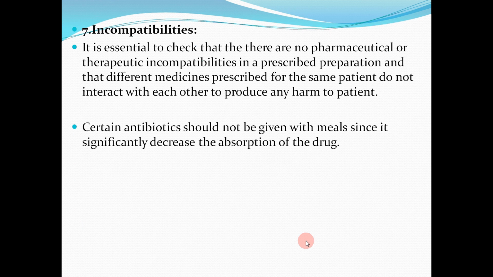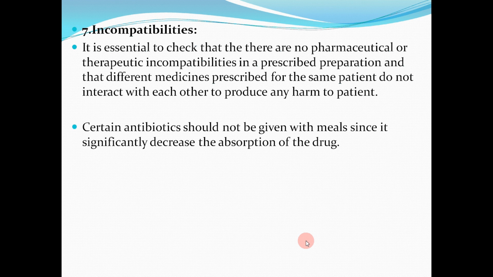Last part is incompatibility. It is essential to check that there is no pharmaceutical or therapeutic incompatibility in the prescribed preparation, and that different medicines prescribed for the same patient do not interact with each other to produce any harm to the patient.